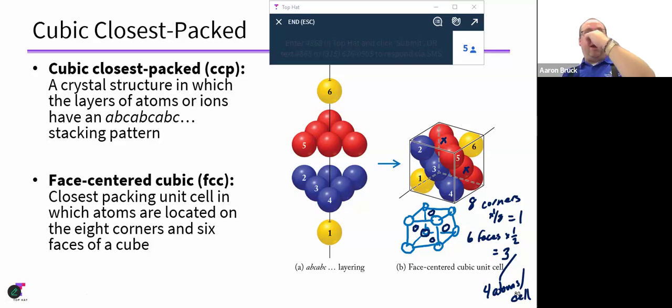So we'll be able to do things like, how do we calculate the density of a solid if we know its packing? How do we determine the atomic radius or the edge length of one of these cubes? There are some definitive relationships that we'll cover there when we do.